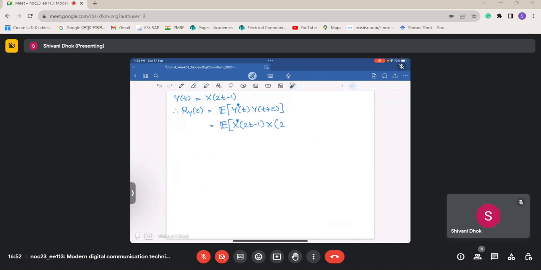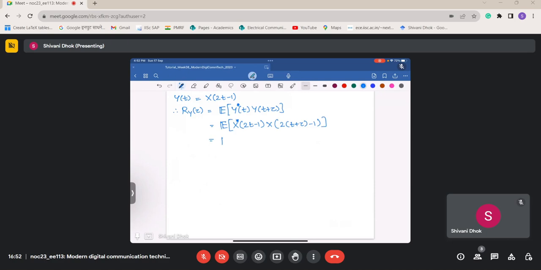This t here now has to be replaced by 2t minus 1 for x. Or rather, in other words, this t here has to be replaced by t plus tau. So what we have here is 2 times t plus tau minus 1.